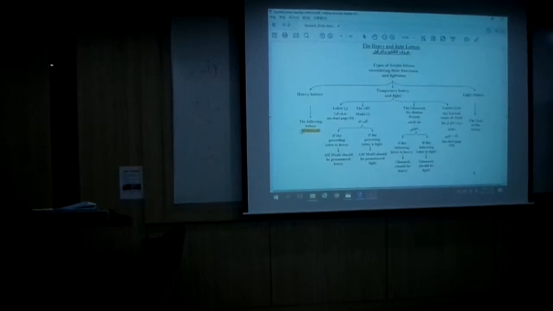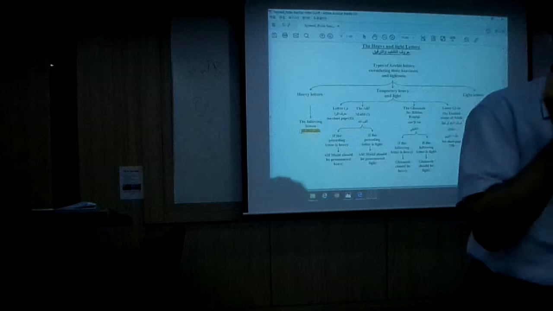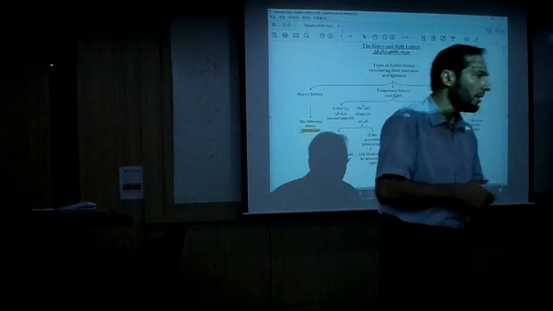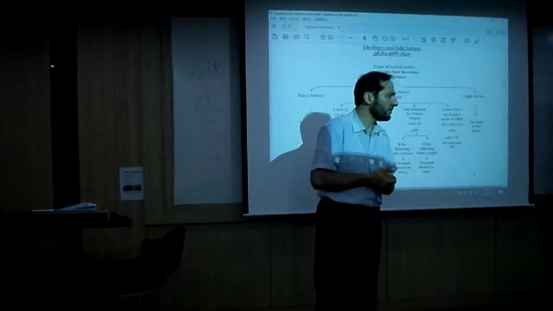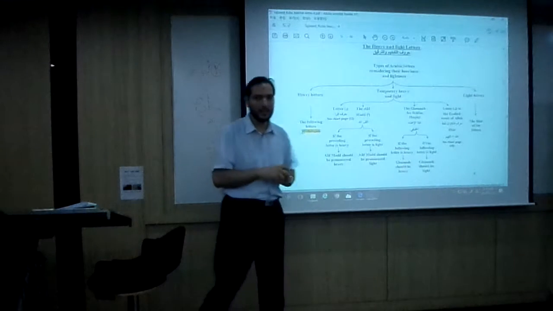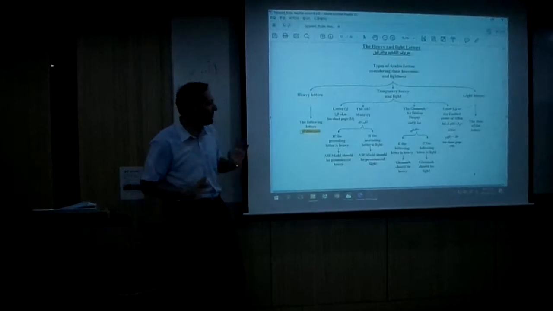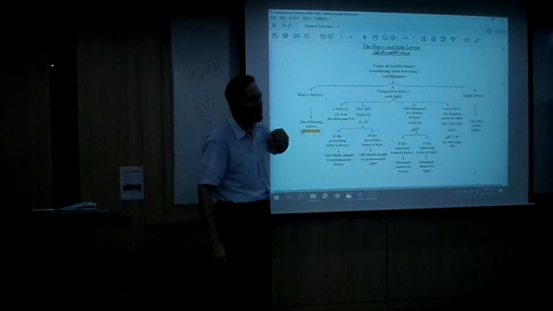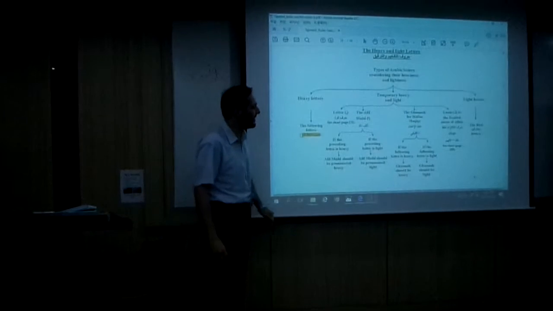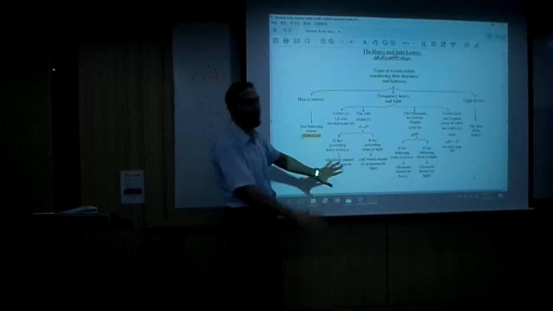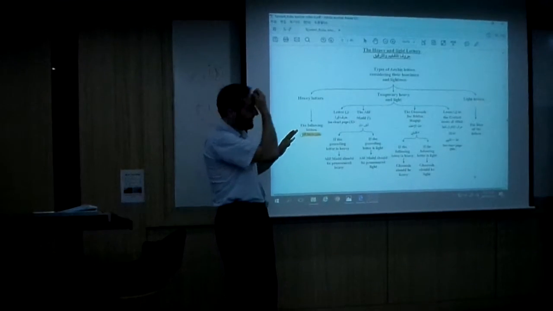Seven letters. خص ضغط قض. This is one of the things that you should memorize. The other ones, inshallah, will be very easy. Do not be distracted by the chart.